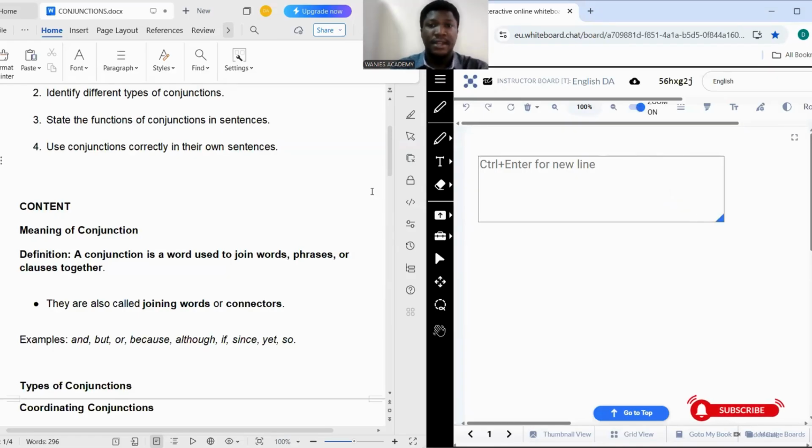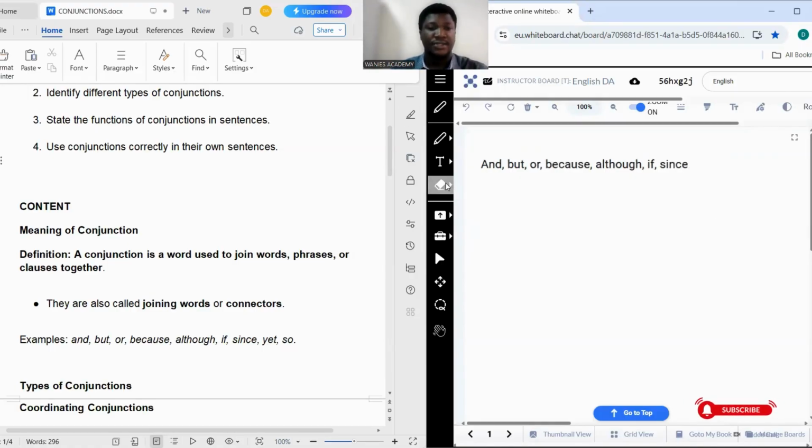For example, we have different types of conjunctions, and they are and, but, or, because, although, if, since, and many more. These are all examples of conjunctions, and they are used to join sentences together.